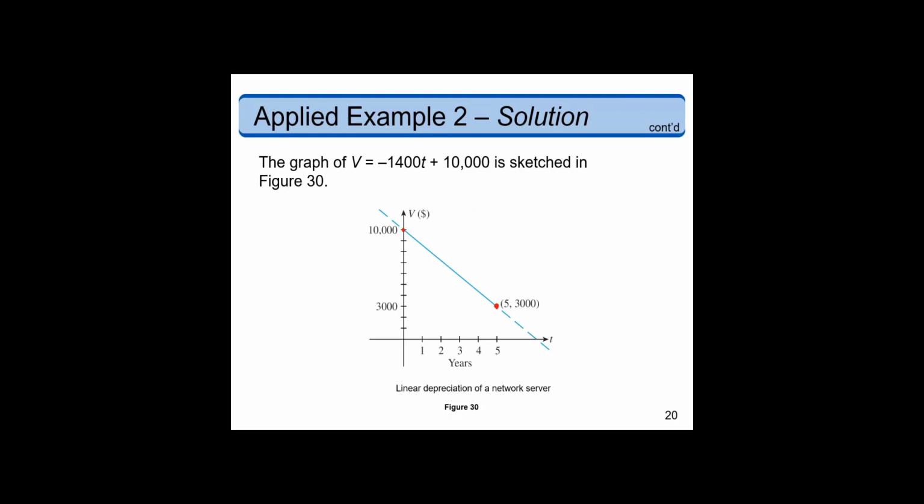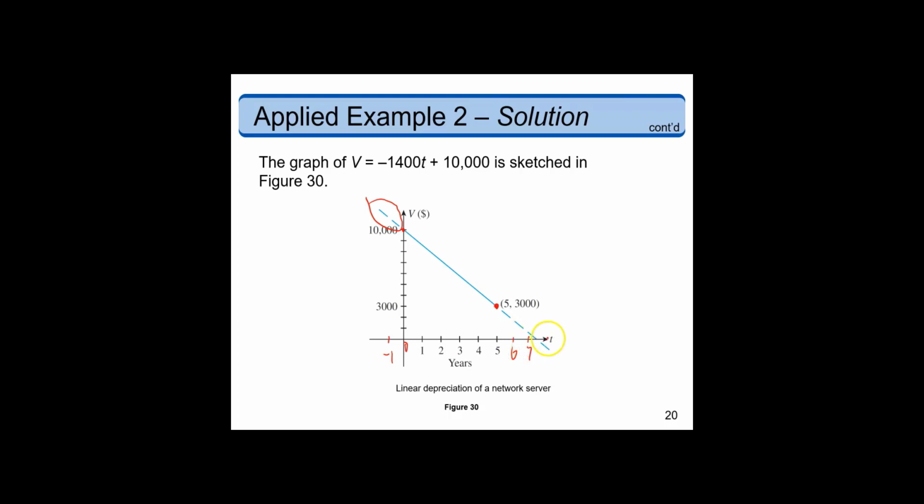And notice that here the time t cannot be negative. So on this side we see a dashed line, because time t has to be between 0 and a certain number of years. And also, this machine will be fully depreciated after 7 years.